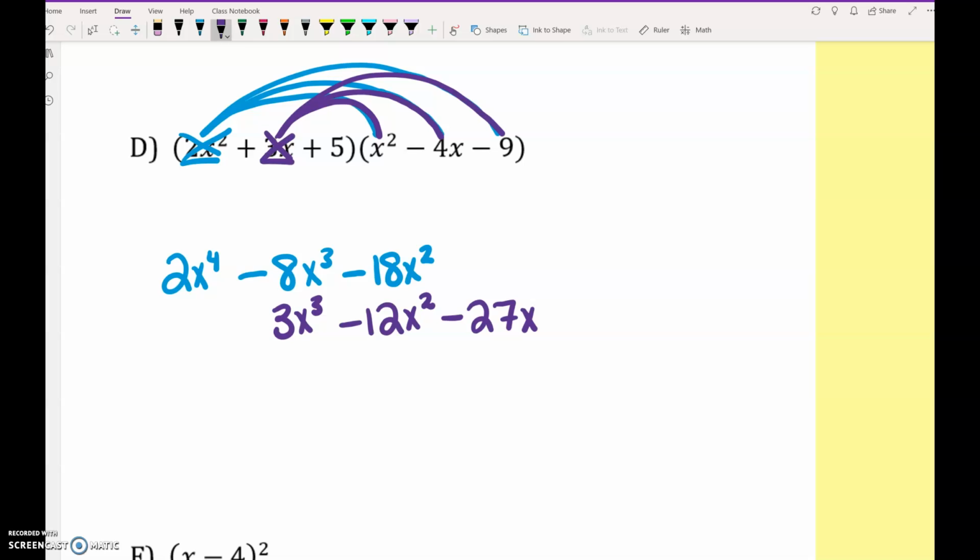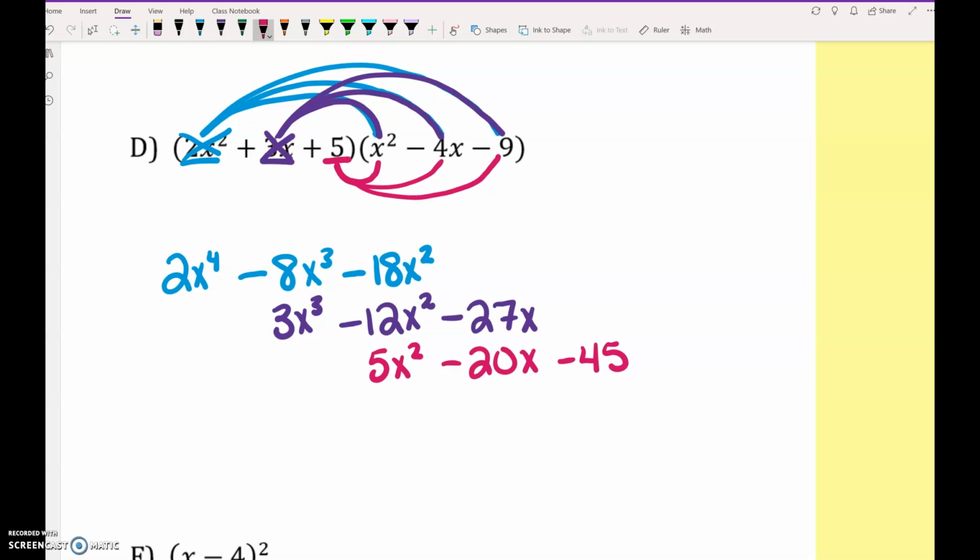Done with that one. Now we need to distribute the 5. 5 times x squared is 5x squared, and I'll write that underneath the other x squareds. 5 times negative 4x is negative 20x. 5 times negative 9 is negative 45.